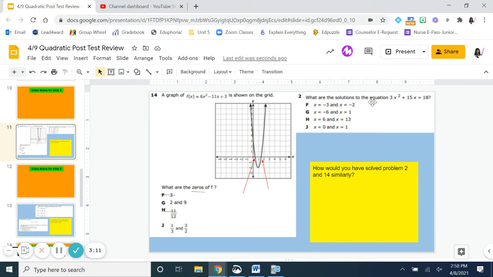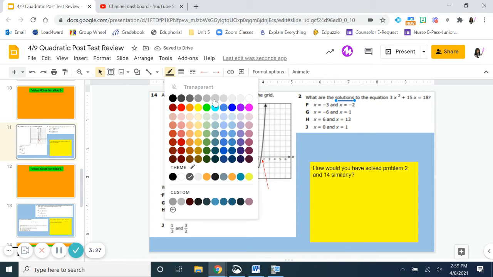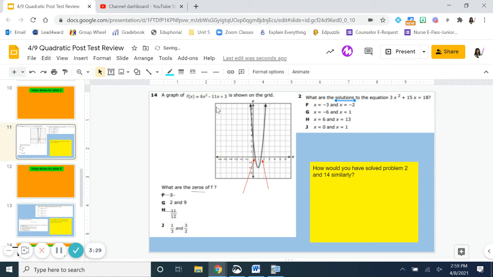Now, if I look at number 2, what are the solutions to the equation? And it gives us the equation is equal to 18. So my keyword is solutions. I'm going to make that one blue.